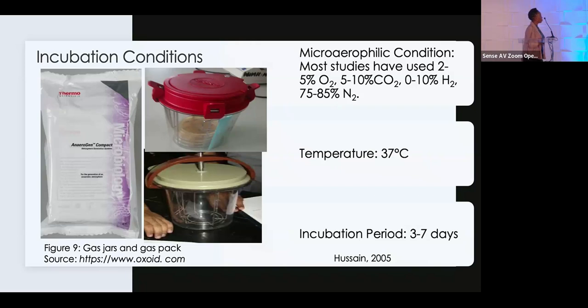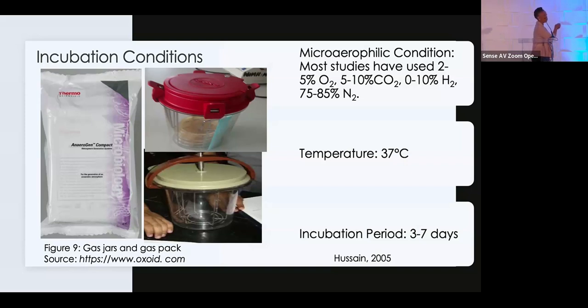So in our own local setting, we use an anaerobic gas pack to create the microaerophilic condition using a gas jar. The gas jar could be a volume of 3.5 or 5 L. So there is specification for the anaerobic gas pack.